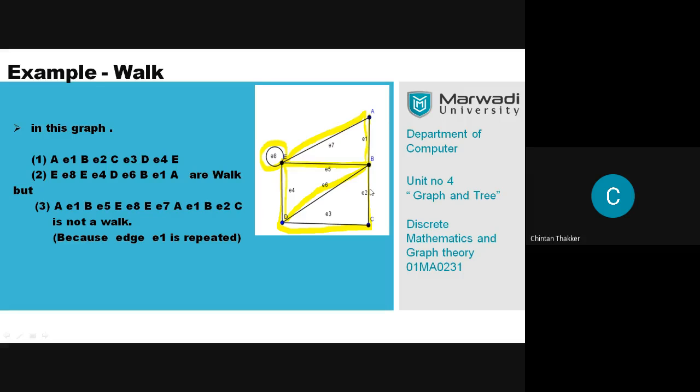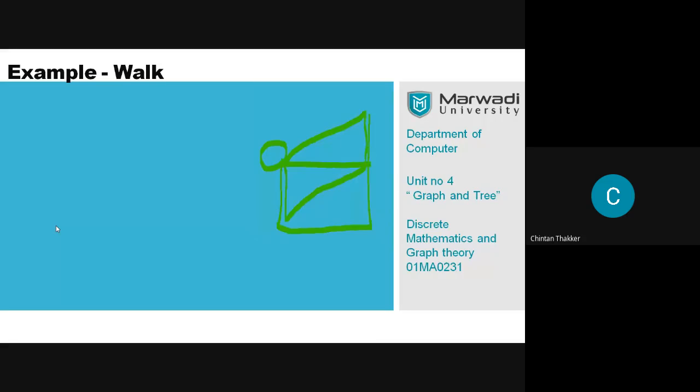So we define a walk as an alternating sequence of vertices and edges where we can repeat the vertices, but we do not repeat edges. So this is a walk. When the first and last vertices are the same, it is called a closed walk.